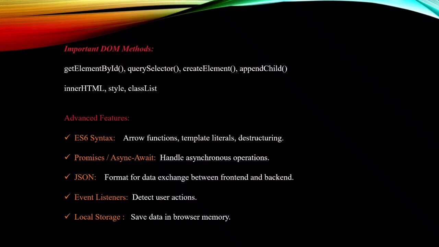Promises or async await handle asynchronous operations. JSON, JavaScript Object Notation, is the format for data exchange between frontend and backend. Event listeners detect user actions like click event, submit event, and all. Local storage saves data in browser memory for further access.